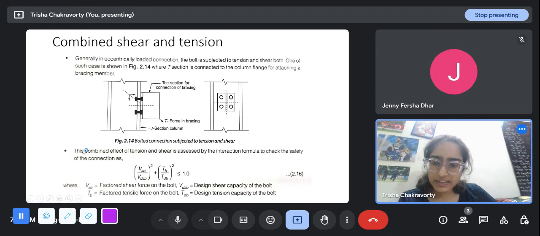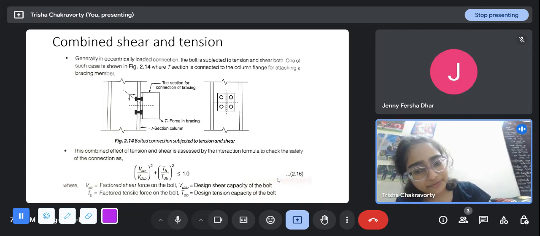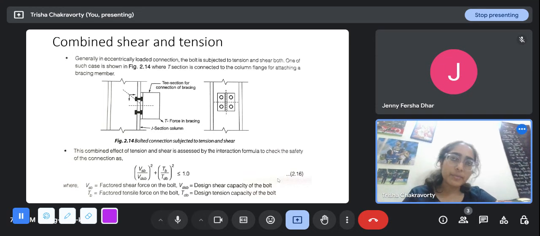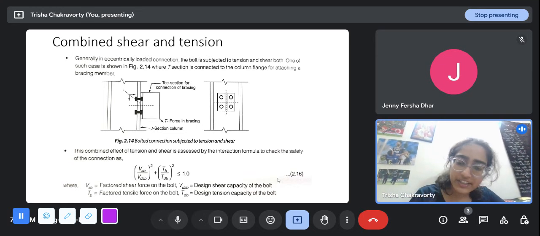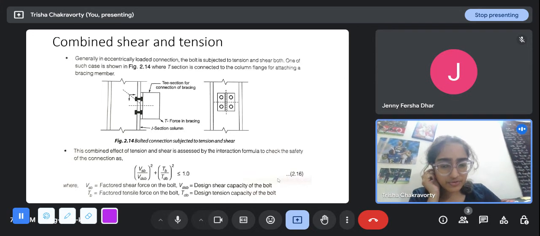The combined effect of shear and tension is assessed by an interaction formula: VSB by VDSB. VSB is the factored shear force on the bolt, and VDSB is the design shear capacity of the bolt. Capacity will always be larger than the force, because if the capacity is less than the force, then the design is invalid. We have to redesign it and increase the diameter or the grade of steel to make it stronger.